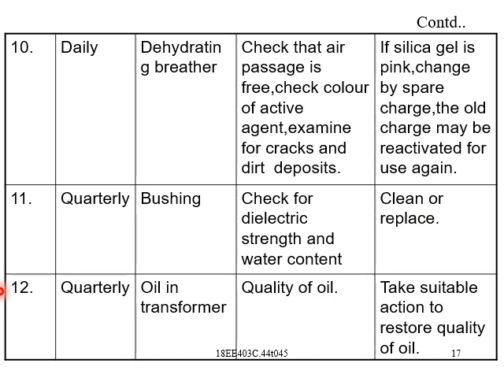And the 12th maintenance is, the inspection frequency is quarterly, and the item to be inspected is oil in the transformer, and the inspection to be done is the quality of oil. If it is unsatisfactory, take suitable action to restore the quality of oil.